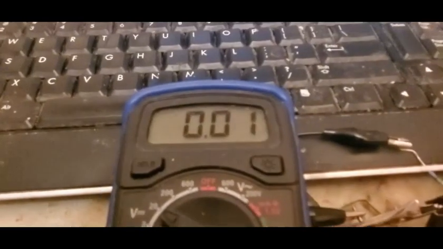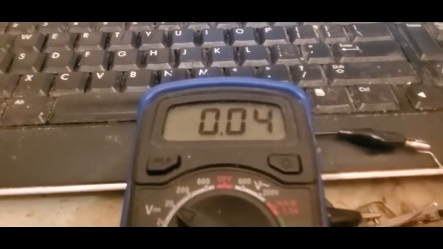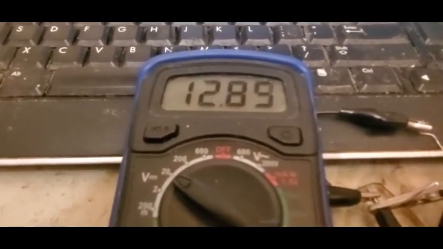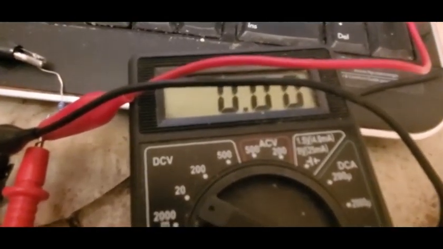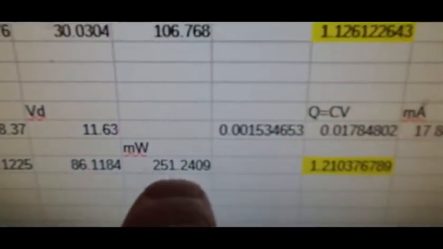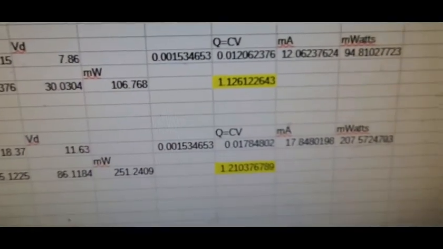Okay, one leg gives us 12.85. The other, 9.27, 9.28. All right. And let the spreadsheet do its thing. 251 milliwatts out, 207 in. And that's the efficiency.